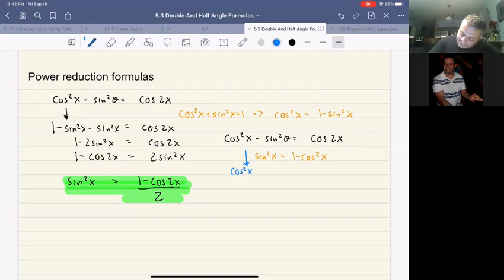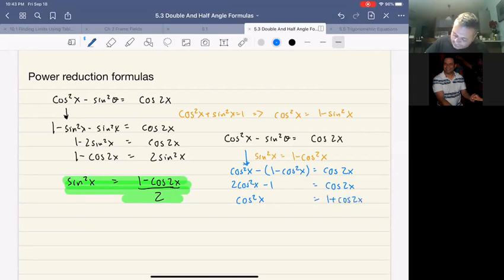Cosine squared of x minus 1 minus cosine squared of x equals cosine 2x. So we have 2 cosine squared of x minus 1 is cosine 2x. So cosine squared of x is going to be 1 plus cosine 2x divided by 2. Wow, that looks very similar, right? And they do.